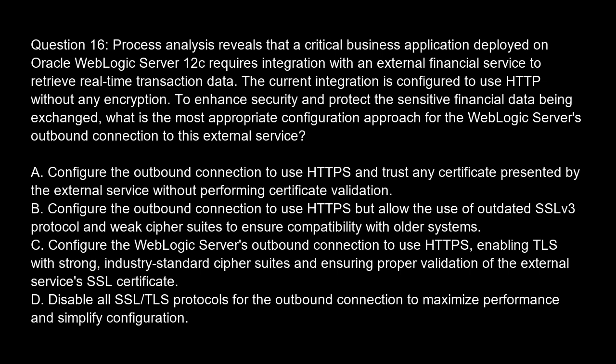Option C. Configure the WebLogic server's outbound connection to use HTTPS, enabling TLS with strong, industry-standard cipher suites, and ensuring proper validation of the external service's SSL certificate. Option D. Disable all SSL/TLS protocols for the outbound connection to maximize performance and simplify configuration.